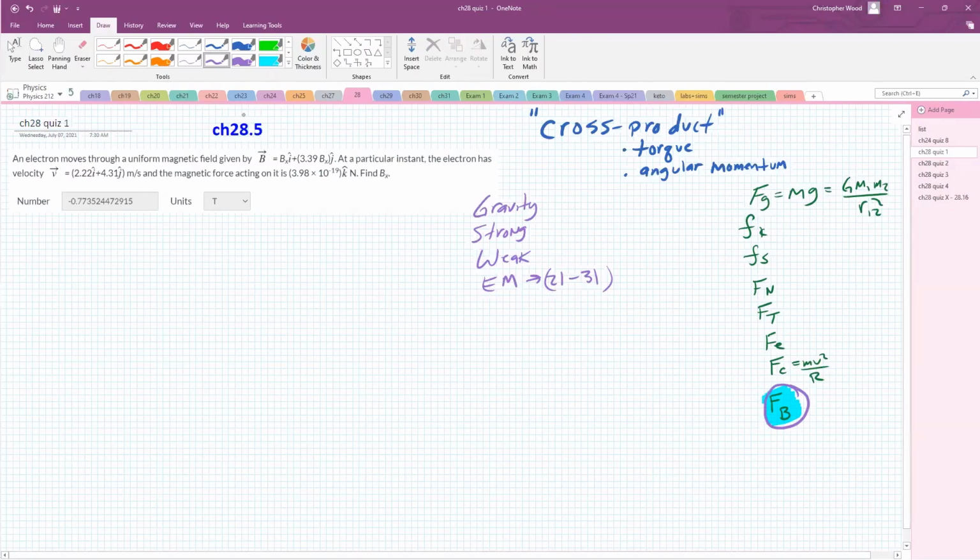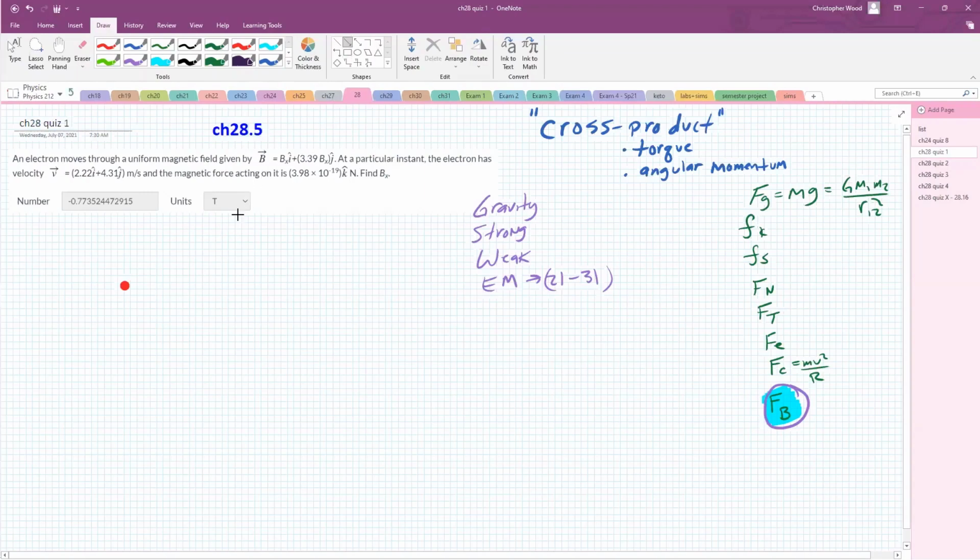Here we have an electron moving through a magnetic field. Okay, so here's the electron, and it's moving through a magnetic field that has unit vectors. At a particular instant, the electron has this velocity. So let's draw the velocity.